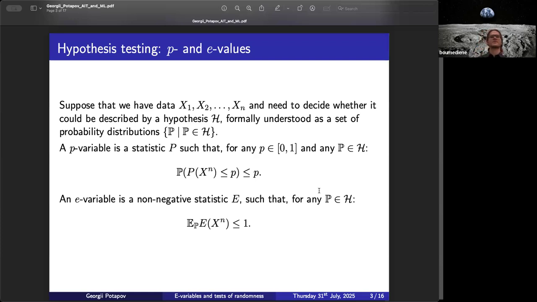So we are doing hypothesis testing, so we have some data X's, and we want to see if they can be described by some hypothesis H. So p-variable is just a statistic that takes small values with low probability, and I think they are more famous and more well-known. And e-variable is some non-negative statistic that on average does not exceed 1.